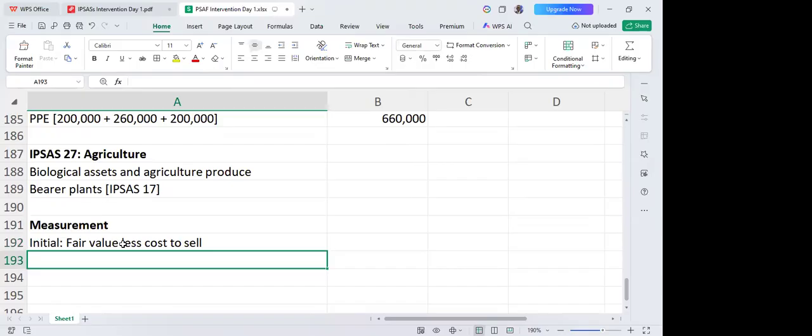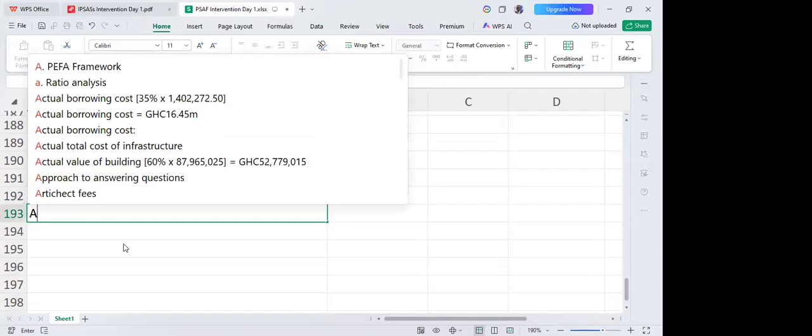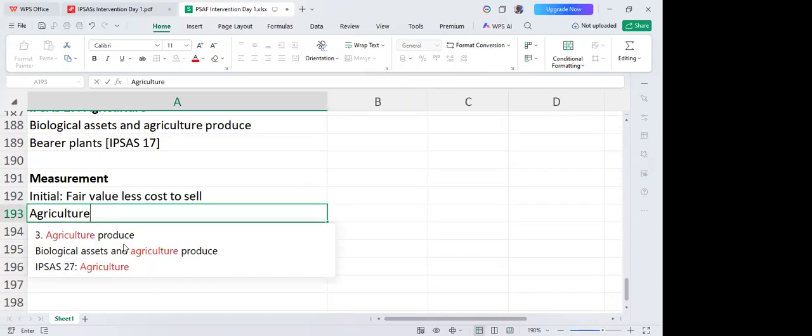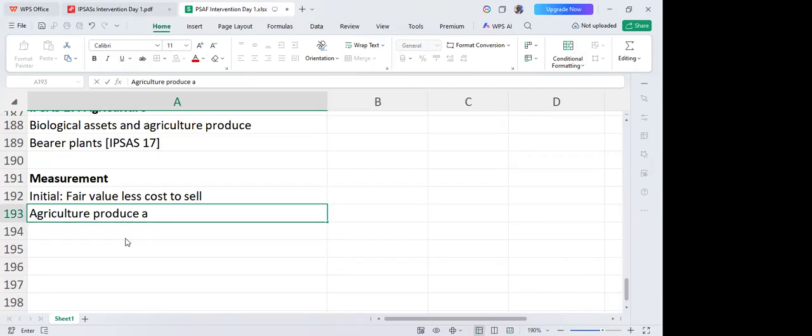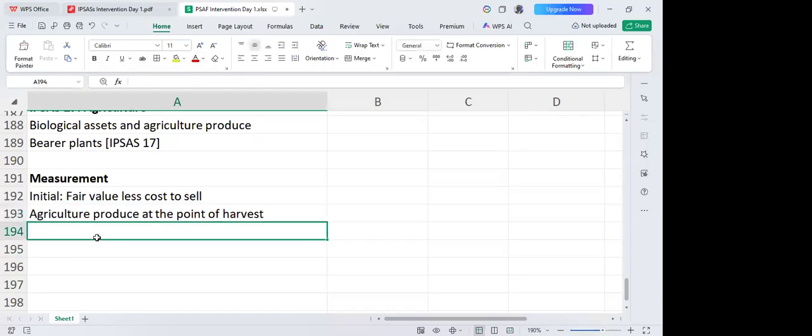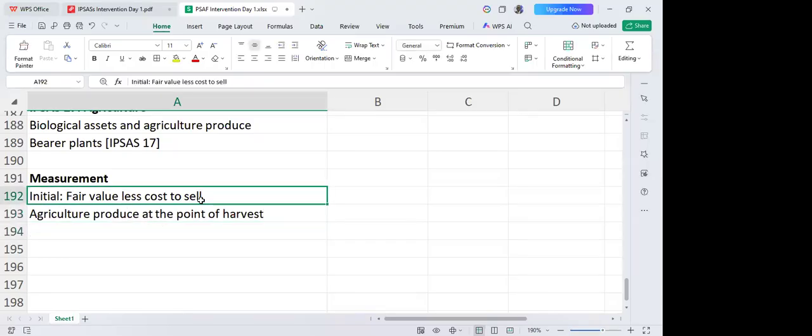The only thing the standard makes clear is that the agricultural produce you are going to account for should be at the point of harvest, just like we did for inventory. So when you're dealing with agricultural produce, remember that one is always at the point of harvest. Initial measurement is fair value less cost to sell.